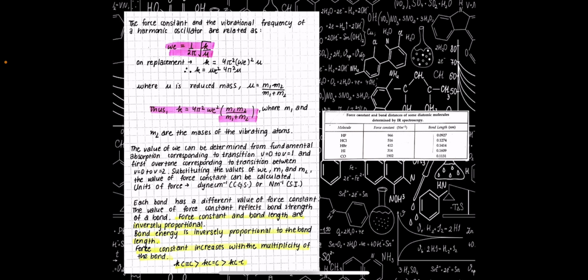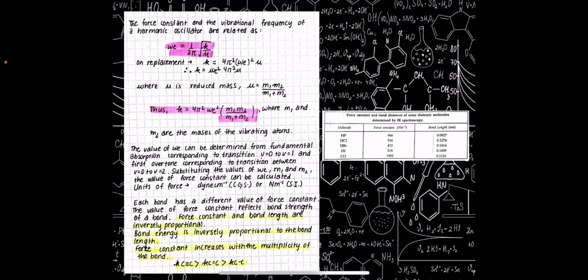The value of omega e can be determined from the fundamental absorption corresponding to transition v equal to 0 to v equal to 1, and the first overtone corresponding to transition between v equal to 0 to v equal to 2. Substituting the value of omega e, m1 and m2, the value of the force constant can be calculated.